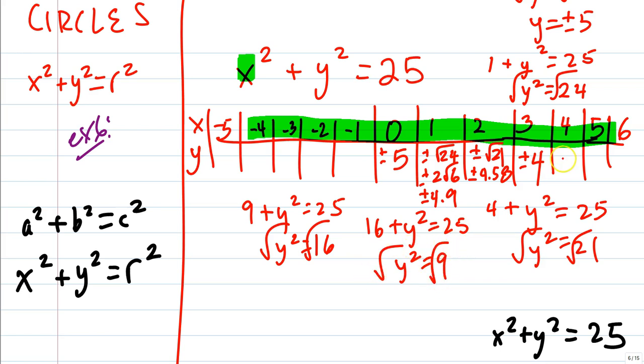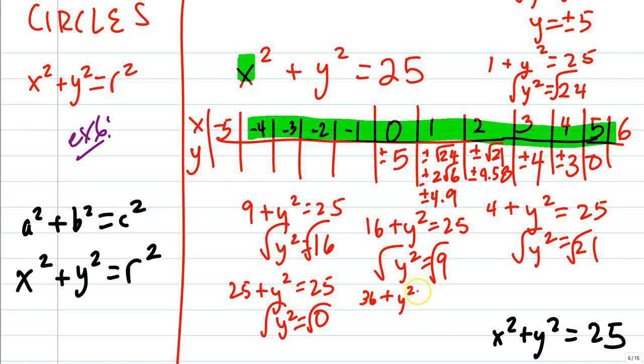That gives us plus or minus 3. 5 squared is 25 plus y squared equals 25. That gives us y squared is 0. When I go to square root that, y equals 0. When I plug in a 6, 6 squared is 36 plus y squared equals 25. Subtracting that, I get y squared is negative 11.